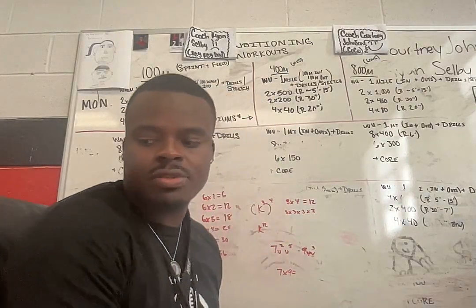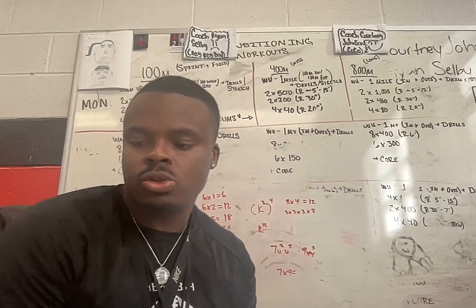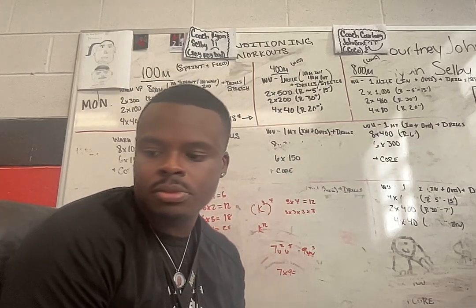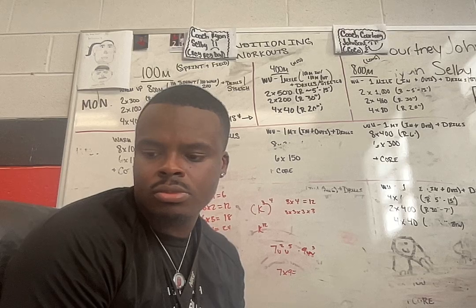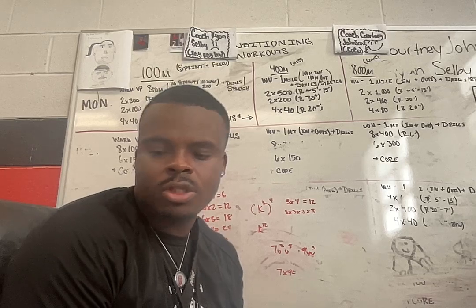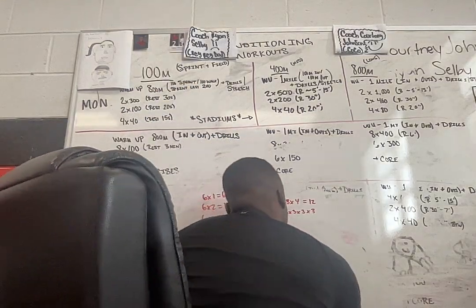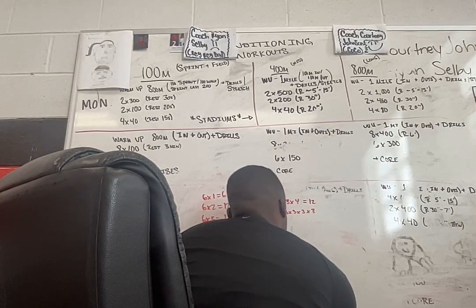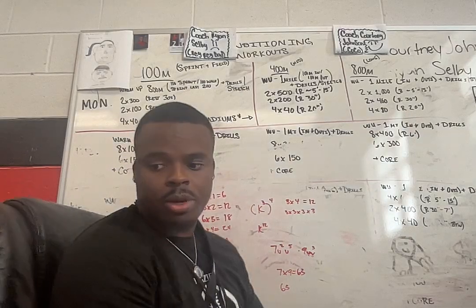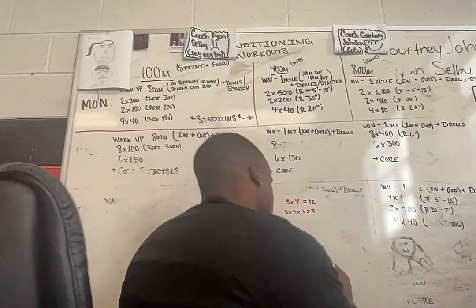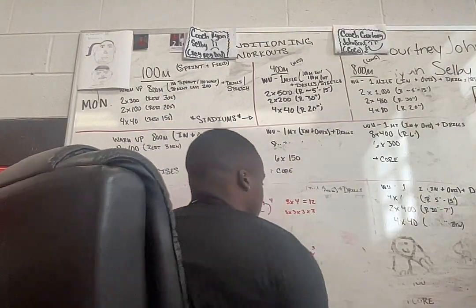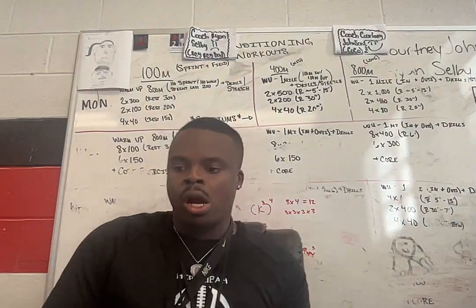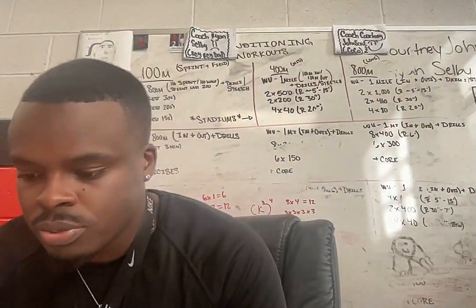So 7 times 9 equals 63. So we have 63. Now what do I want to do with my u? Do I want to bring that down? Yes. So I'm going to bring my u down. So that first part of the problem is complete. All right, so we have 63u.